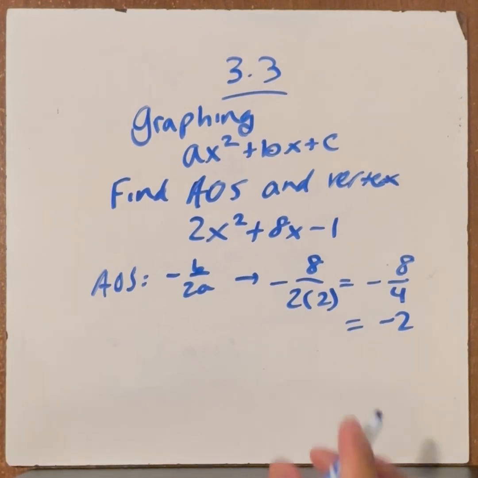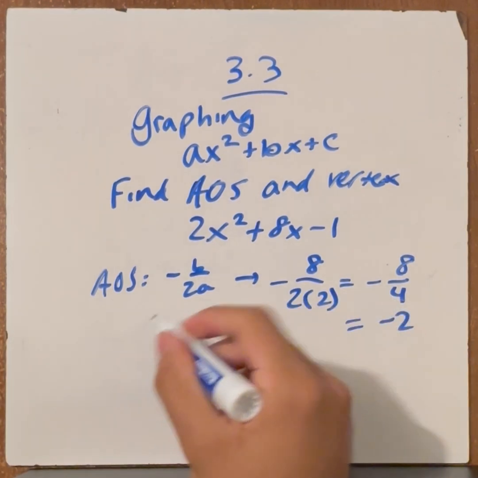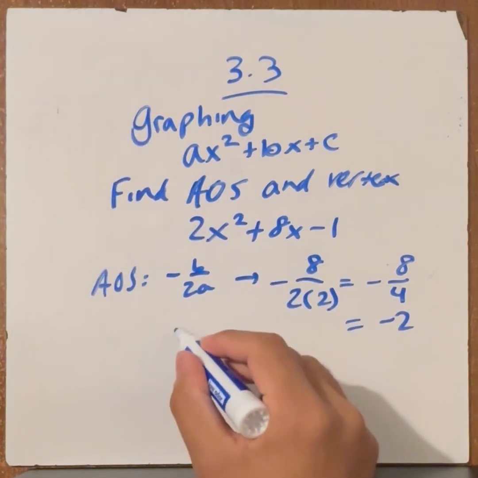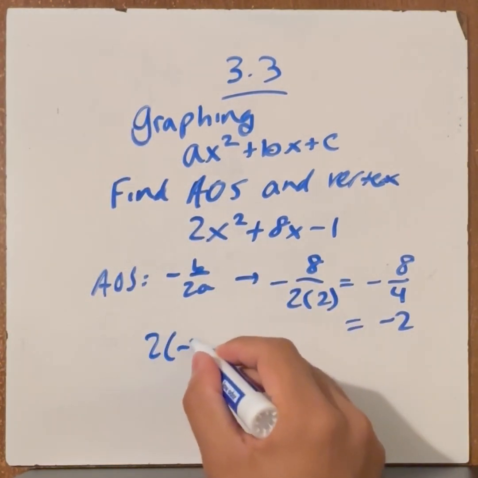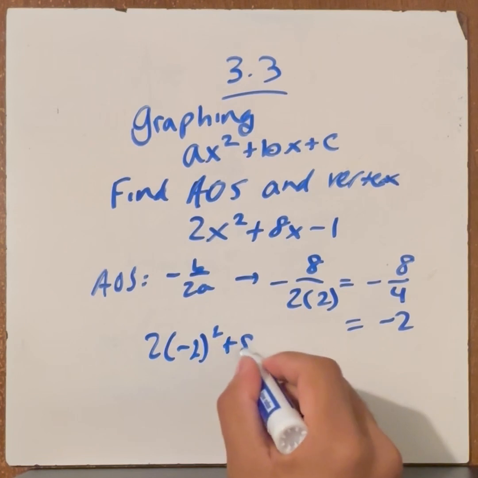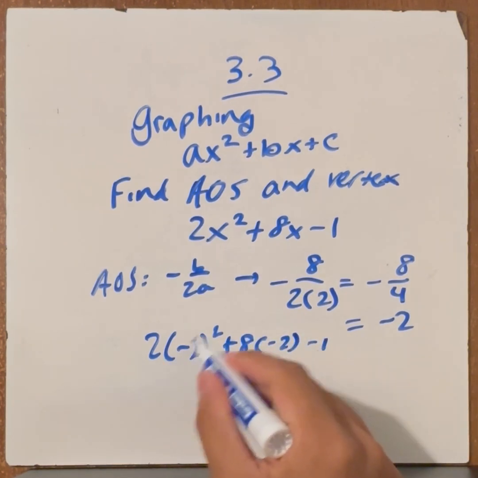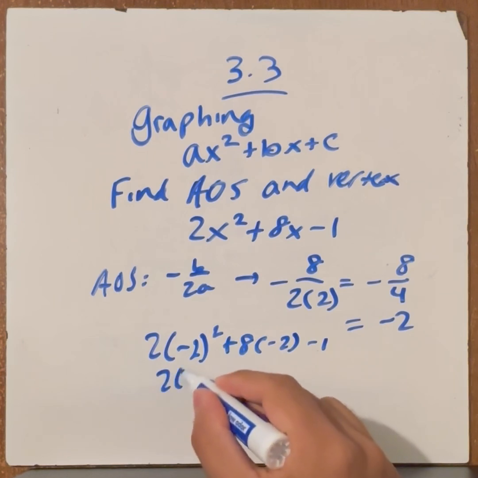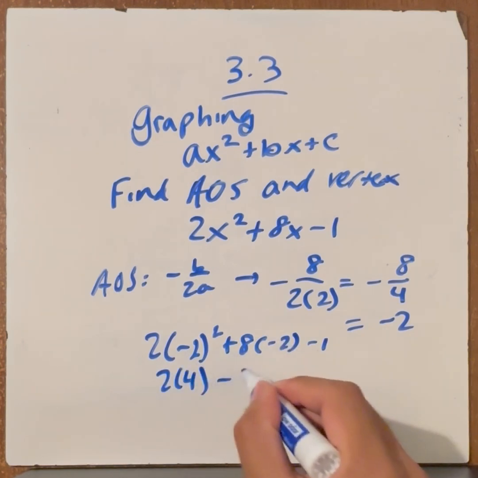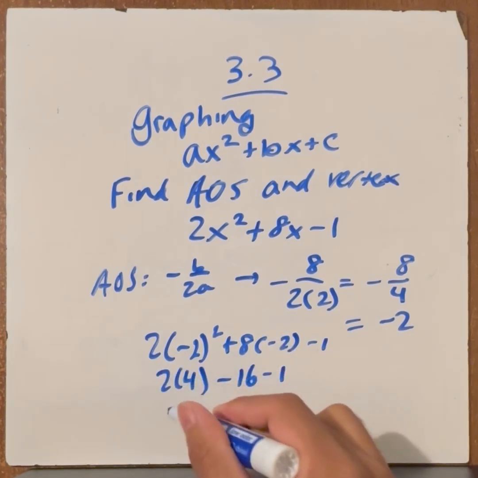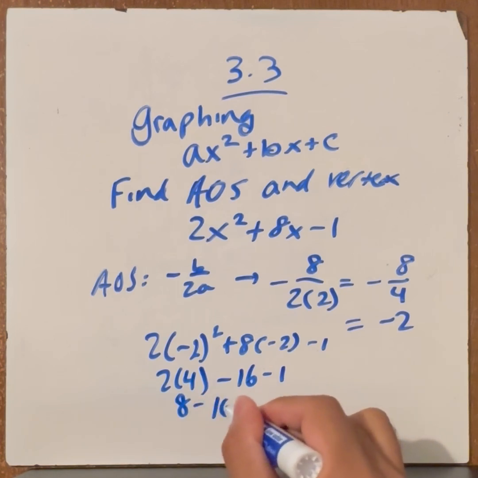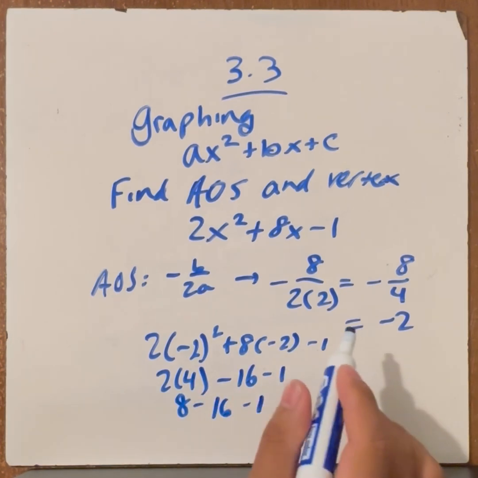Once we find that x is negative 2, we can plug it back into this equation. So 2 times negative 2 squared plus 8 times negative 2 minus 1. Negative 2 squared is 4, so 2 times 4 is 8, minus 16 minus 1 will give us the y value of our vertex.